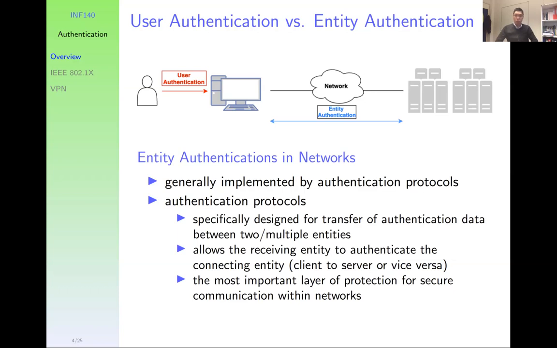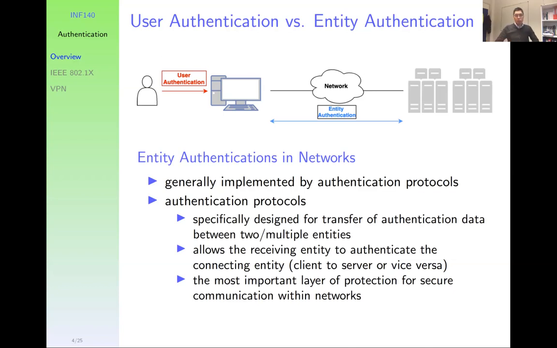Also, in some cases, we might use our computers to fetch some resources in a local network, like in the university. In this case, entity authentication is involved, and the authentication process is based on the device, not just on the user.